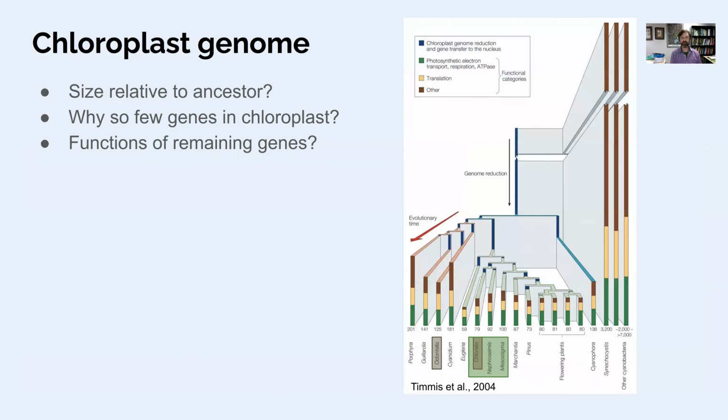Okay, so there is a chloroplast genome, and it's kind of large. It's not nearly large enough for that chloroplast to be able to do everything that a bacterial cell would need to do. So what we see here is a diagram comparing living cyanobacteria, these three on the right here, Synechocystis and other cyanobacteria, comparing the sizes of their genomes.